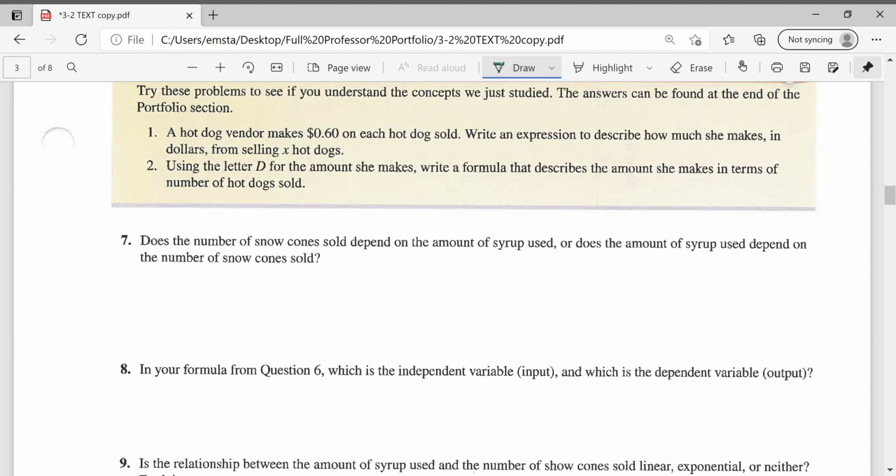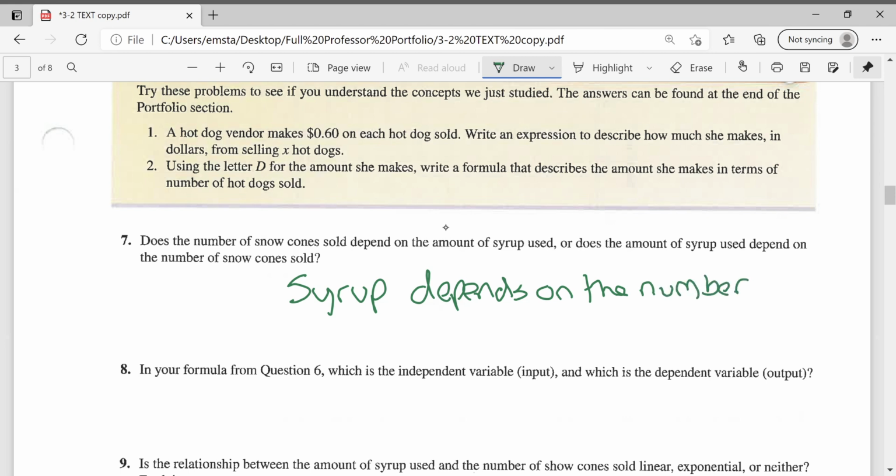We're going to say that the amount of syrup depends on the number of snow cones. So the amount of syrup is going to depend on how many snow cones I sell.